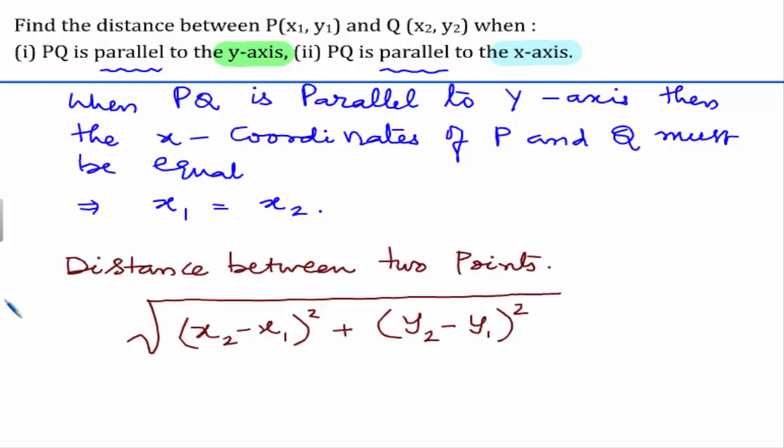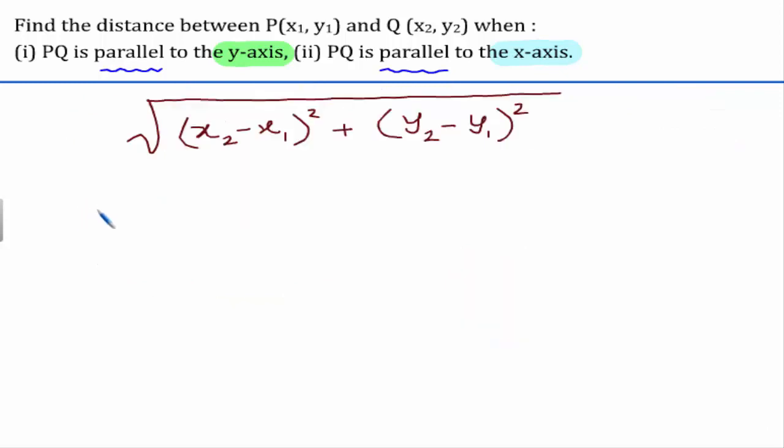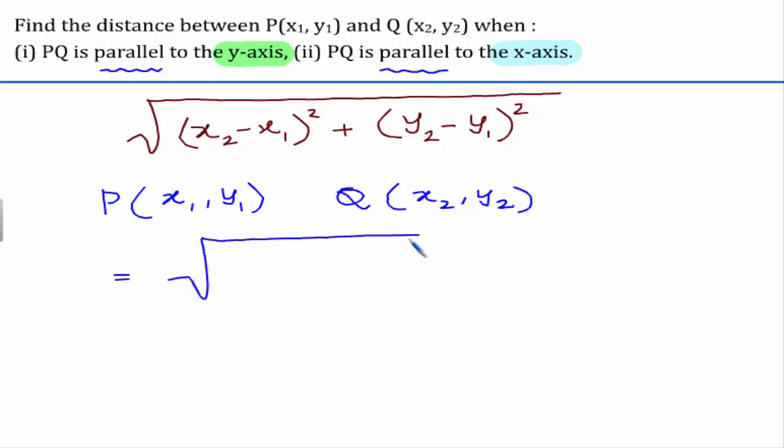So let us use the formula to find out the distance between the 2 points, which is square root of x2 minus x1 whole square plus y2 minus y1 whole square. Now the P point is x1, y1 and Q point is x2, y2. Now let us substitute into the formula.